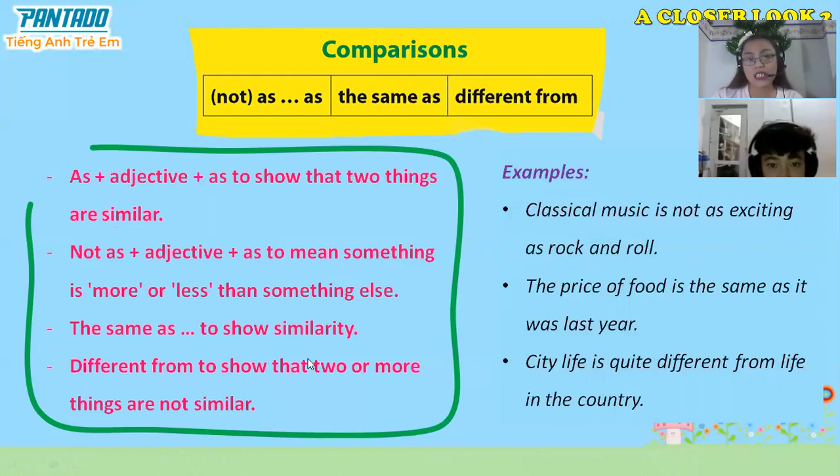Whereas not as plus adjective, we use this to show that something else is more or less. And then same as is to show similarity. Different from is to show that two or more things are not similar to each other.